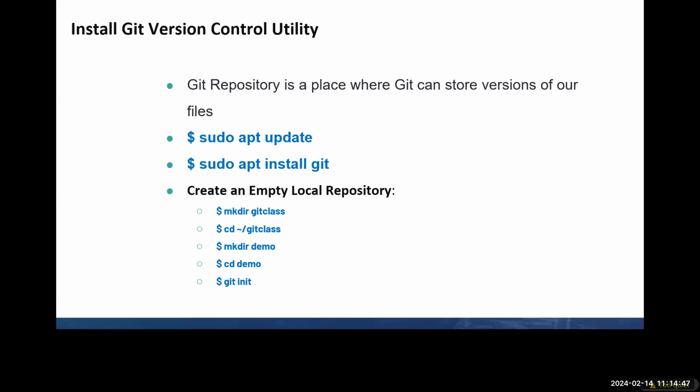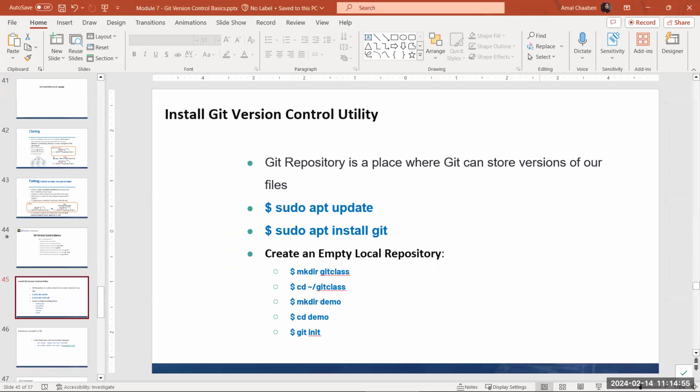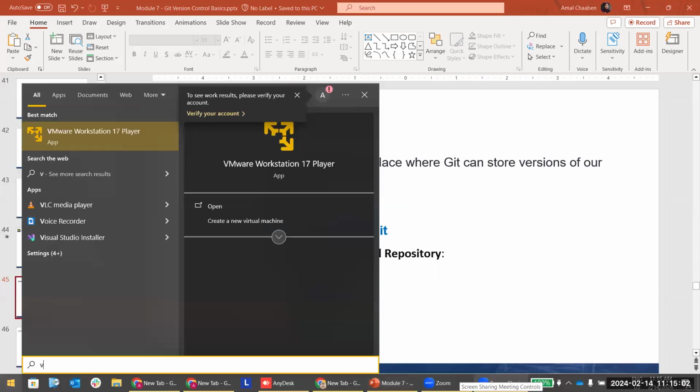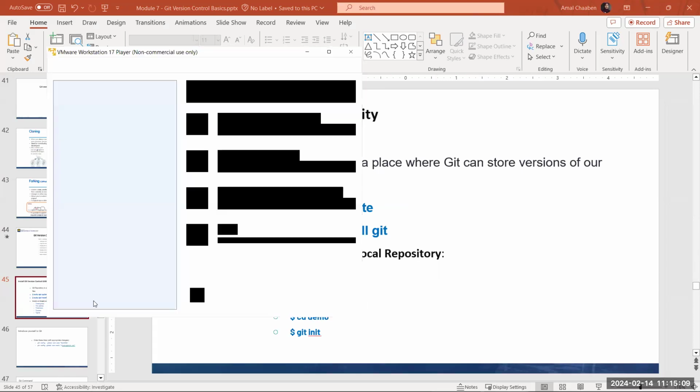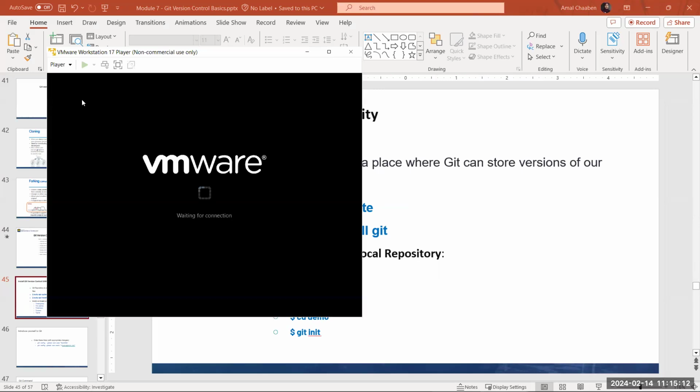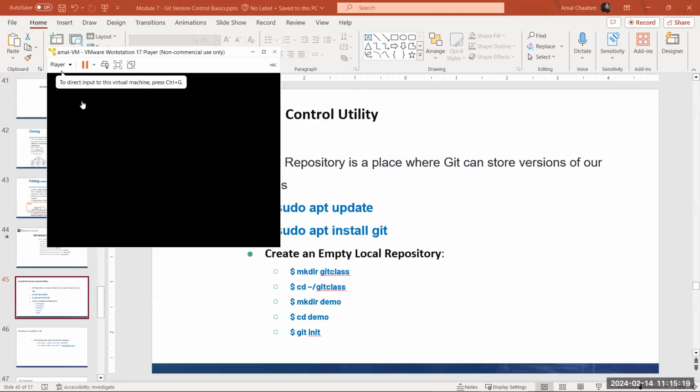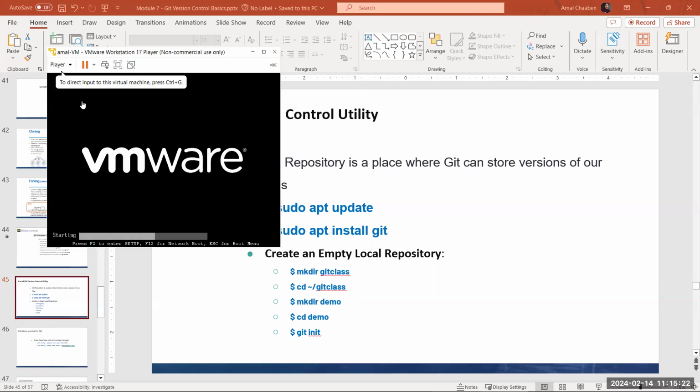To install the Git version control utility, before this we need to go, since I'm using my virtual machine, to open github.com to create a new GitHub account. If you already have a GitHub account, you can use it.